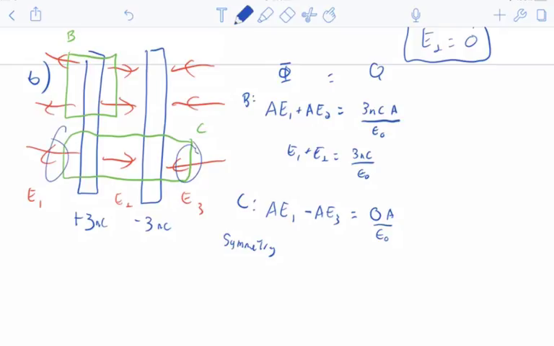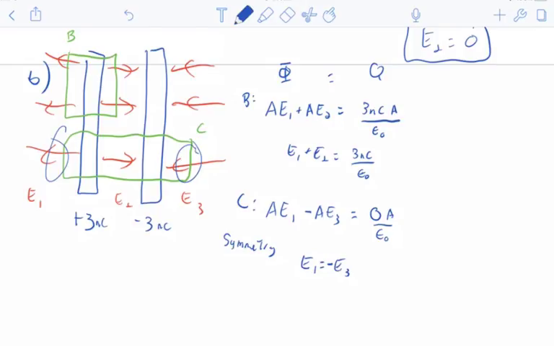Maybe the opposite sign, because we're on the opposite side of this plus minus thing, but it's probably going to be, so E1 plus E3. Oh wait, hold on. Like this, minus E3.